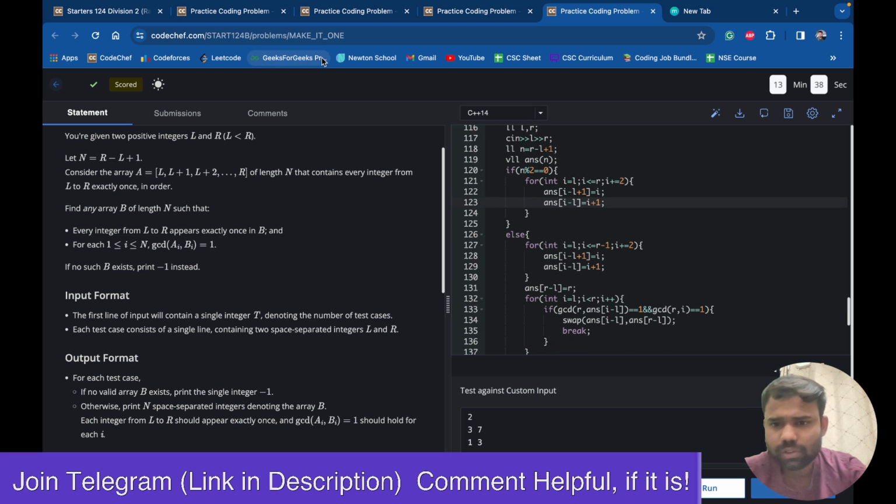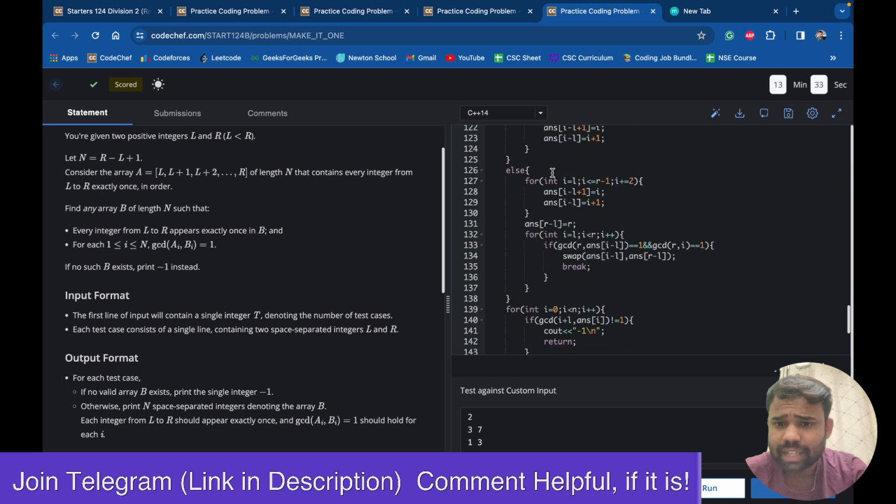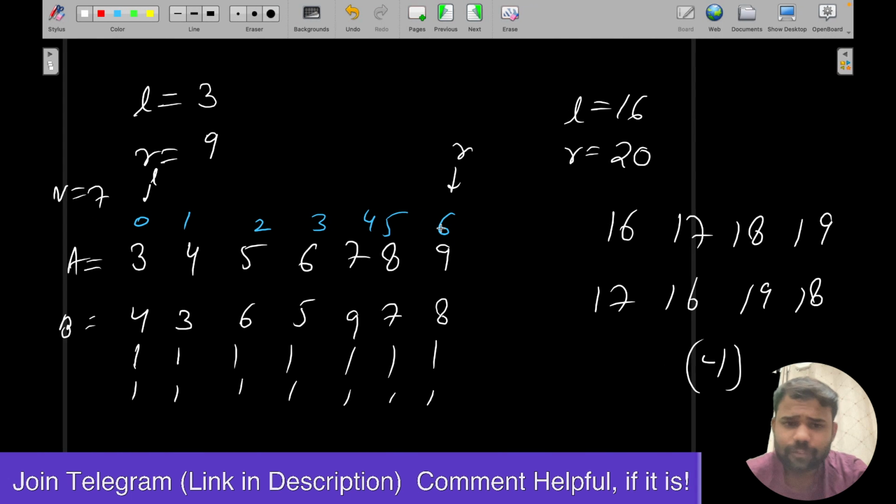You can directly print it also. But when n is odd, then for the first n minus 1 elements, I'm doing the same thing.